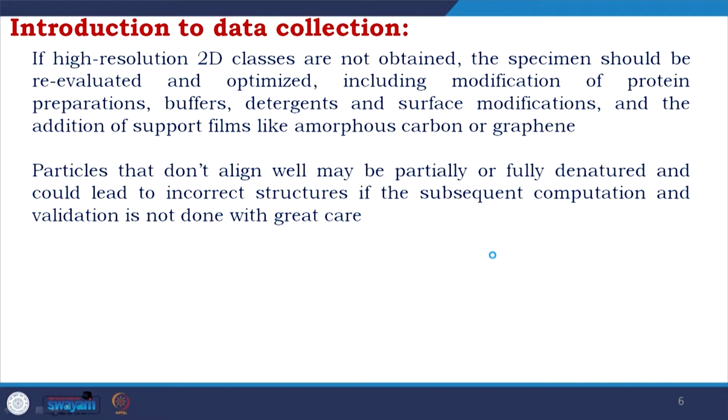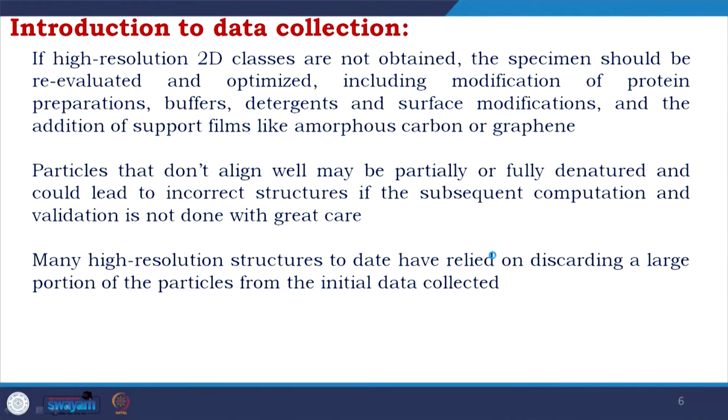Particles that do not align well may be partially or fully denatured and could lead to incorrect structures if the subsequent computation and validation is not done with great care. So, you have to see that during the processing of the sample, the protein does not get denatured or partially unfolded. Many high resolution structures to date have relied on discarding a large portion of the particles from the initial data collected.